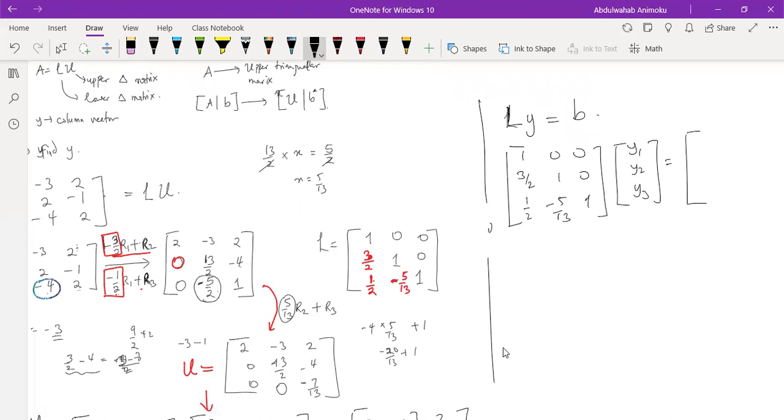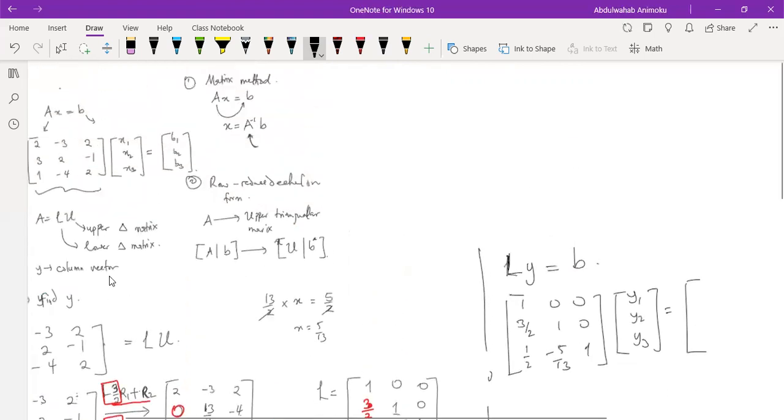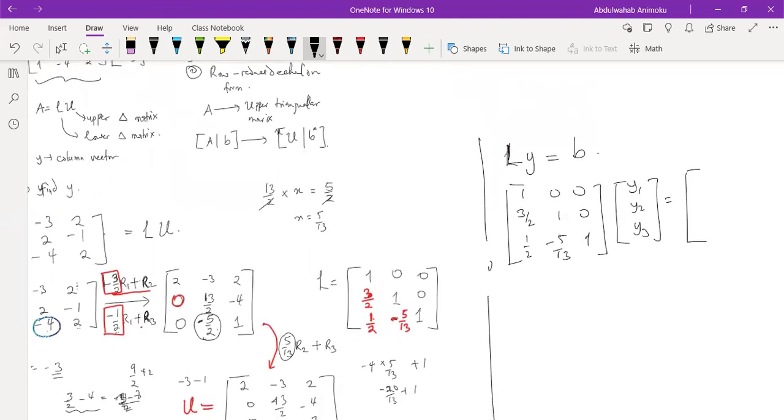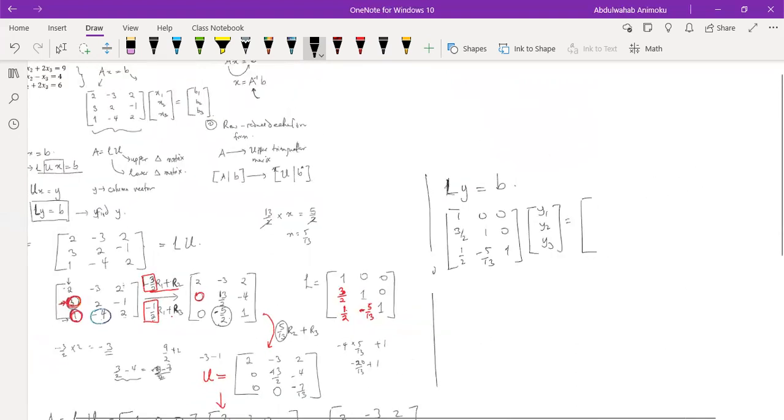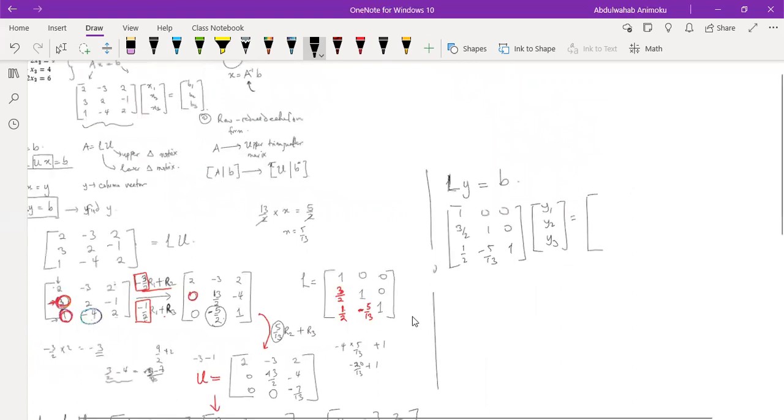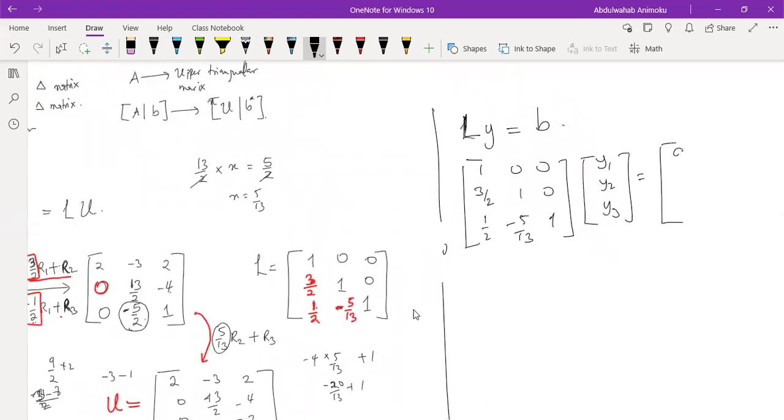And B, what is our B from the problem? So we could just check that our B is 9, 4, 6, right? So our B is 946. Okay. So now we can just multiply things out and figure out what y1, y2, and y3 are.